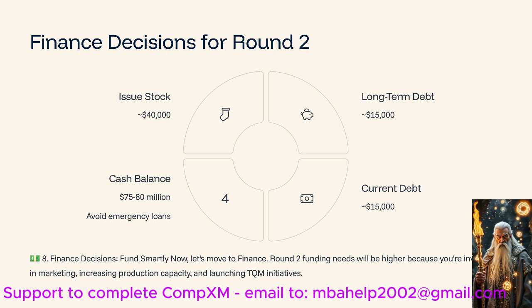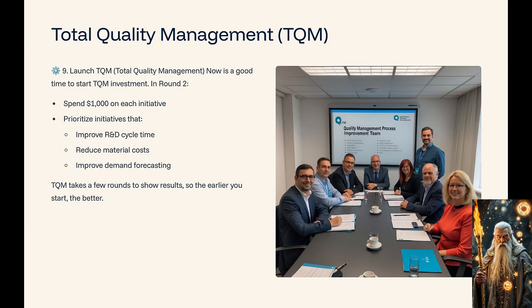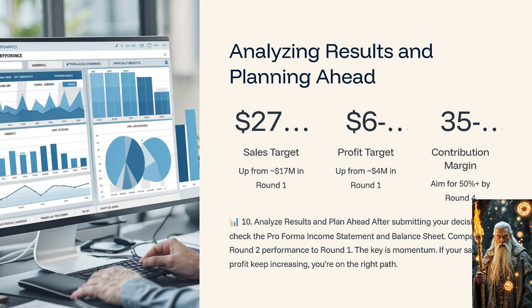Tip 10: Analyze results and plan ahead after submitting your decisions. Check the pro forma income statement and balance sheet. Compare Round 2 performance to Round 1 sales. In Round 1, maybe you earned $17 million. In Round 2, you should see a jump to $27 million or more. Profit: in Round 1, maybe $4 million.